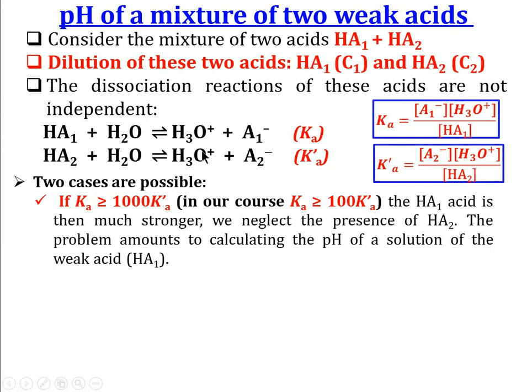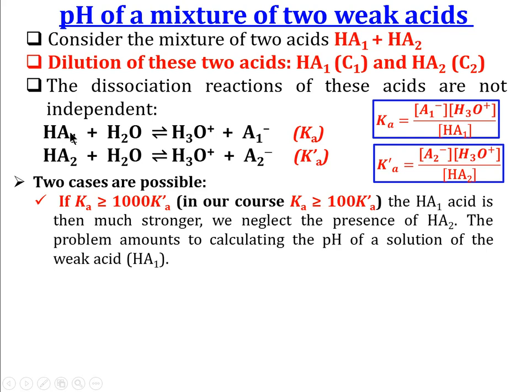And in this case, we consider only the dissociation of HA1 in water, so we consider only equilibrium 1. HA1 acid is then much stronger, so as we said, we neglect the presence of HA2, and the problem amounts to calculating the pH of a solution of the weak acid HA1.